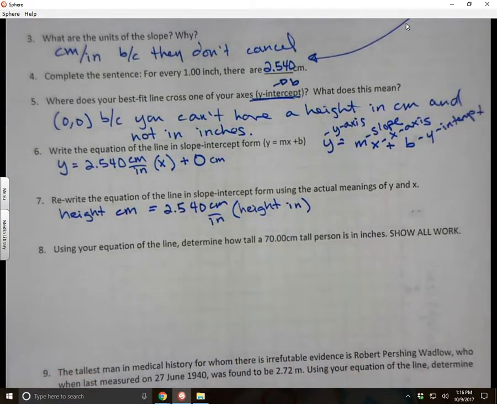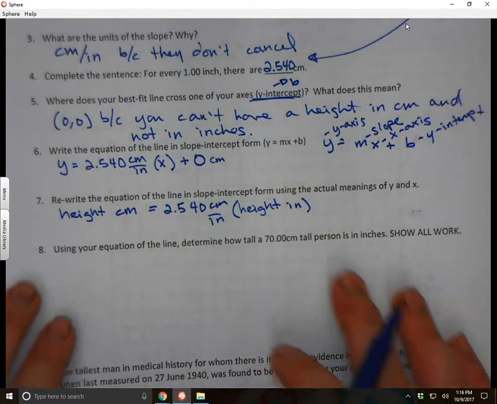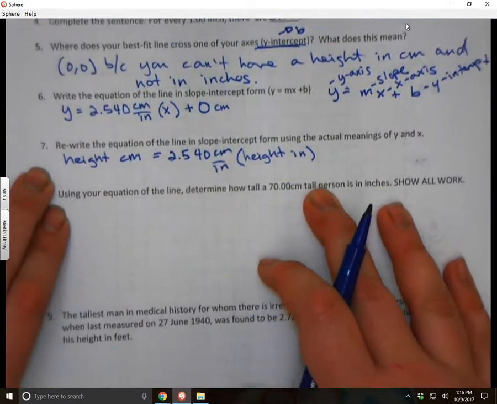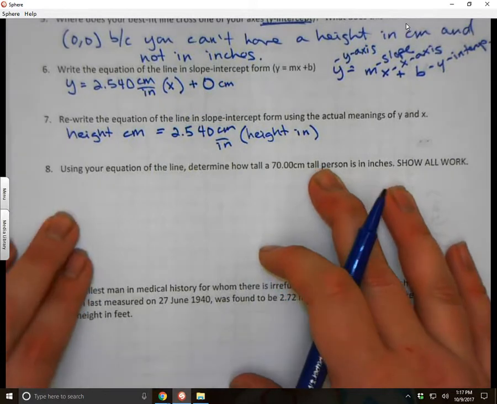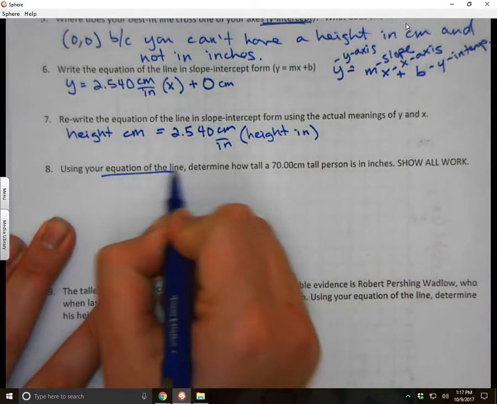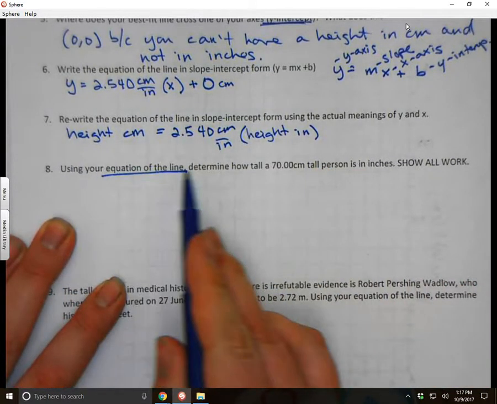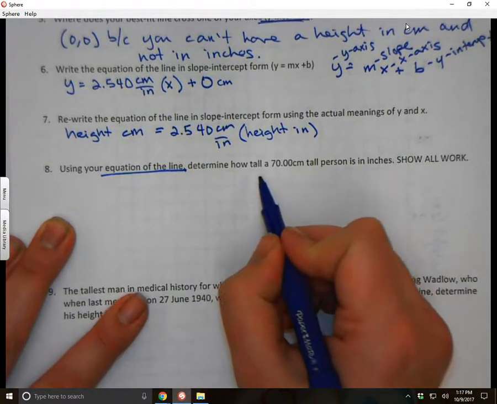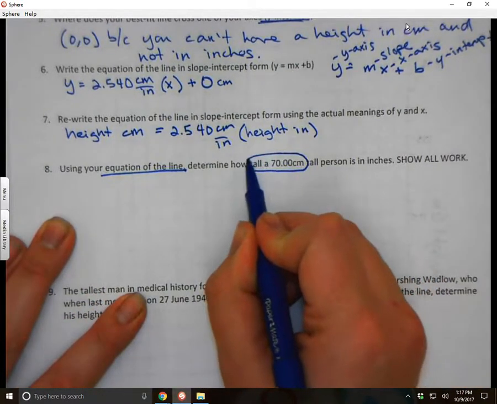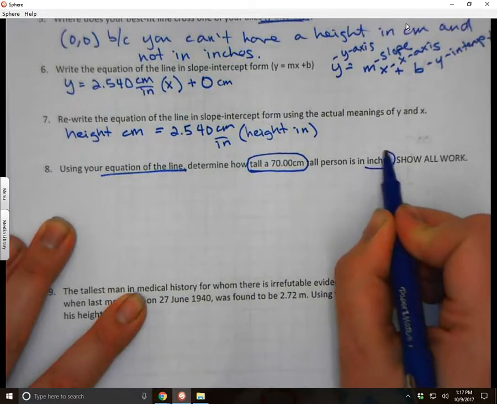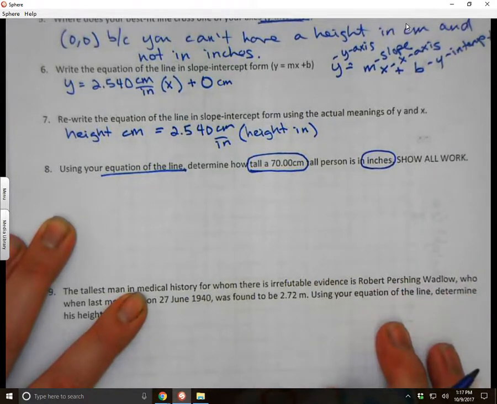Okay, now 8 says using your equation of the line, that's right here, this is the equation we're going to use, we're going to determine how tall a 70 centimeter person is in inches. So the first step is to write down your equation. I'm going to write height in centimeters equals 2.540 centimeters per inch. Make sure you always rewrite the unit.